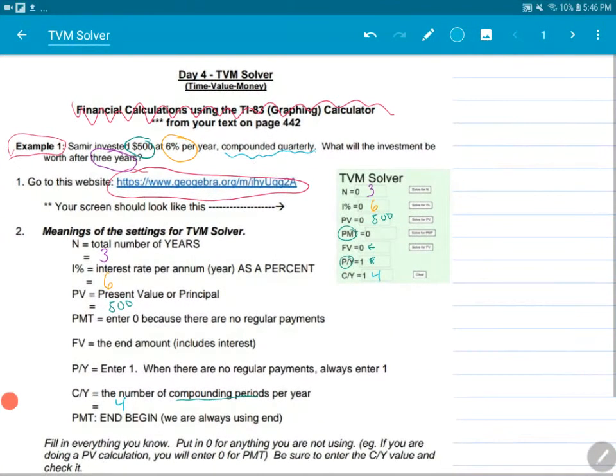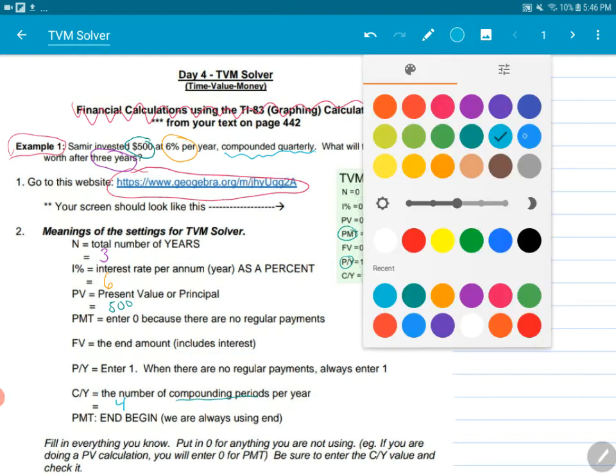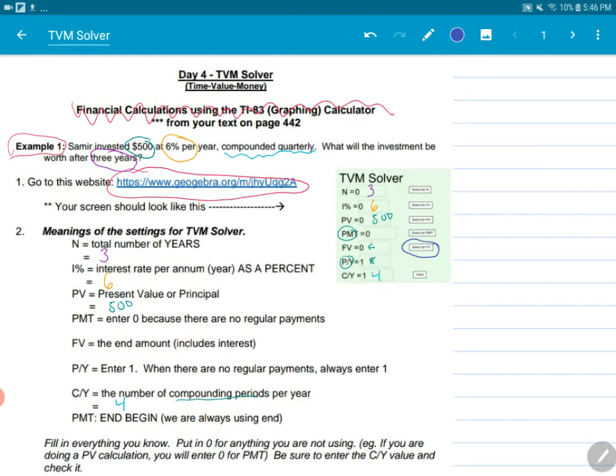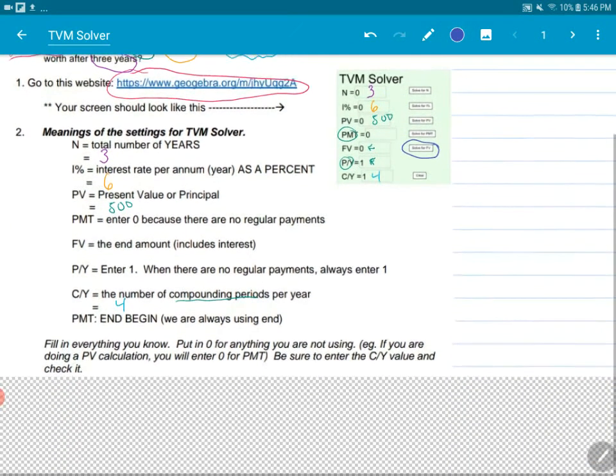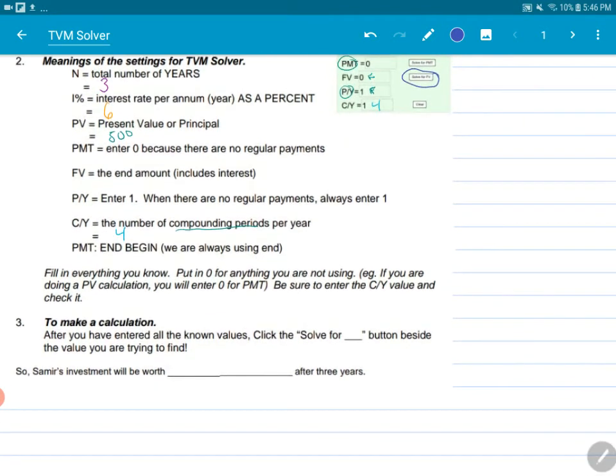Here, I will make an emphasis that you need to click that button once you're done filling in all your information. And in the end, it'll be worth $597.81, which is exactly what we wanted. Do not put the negative. And that's it. It's as easy as that.